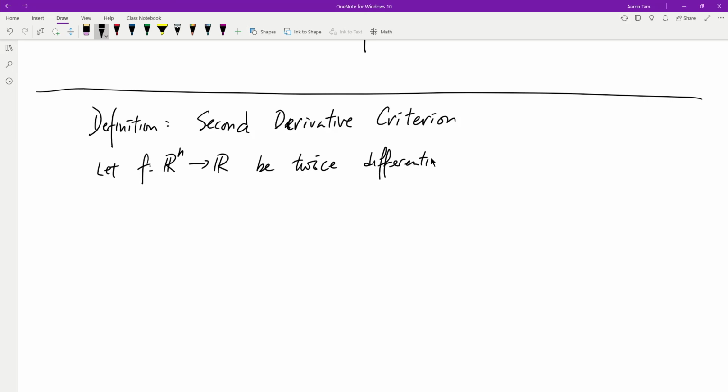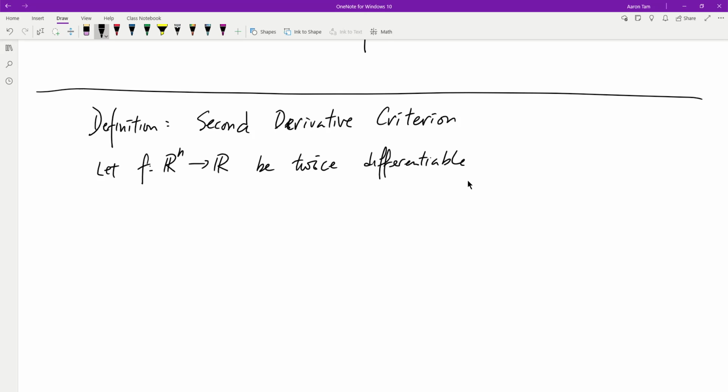Now, I know some of you are probably thinking, does that mean that we can do the gradient of the gradient? No. The word twice differentiable in this case means all its second order partial derivatives exist. Okay? So it doesn't mean they have two gradients, because remember, gradient does not allow us to do higher order gradient vectors. But partial derivatives do.